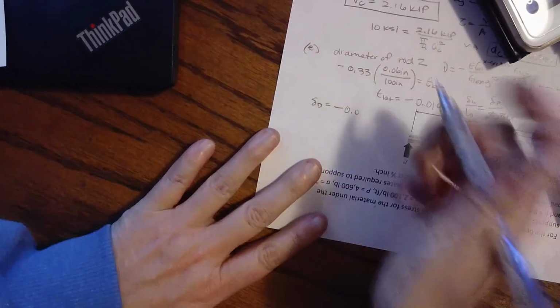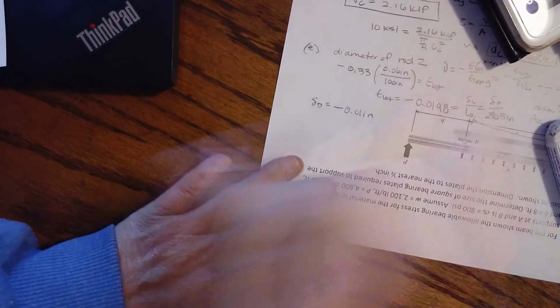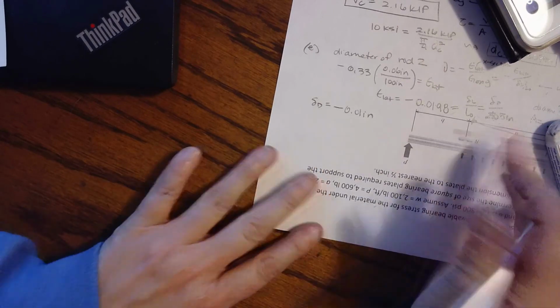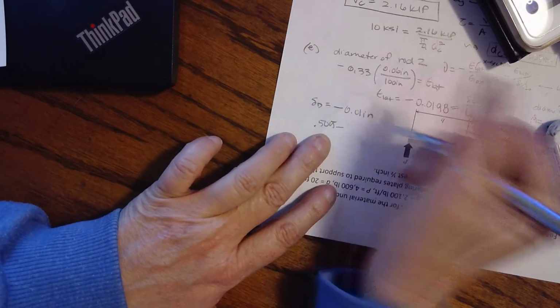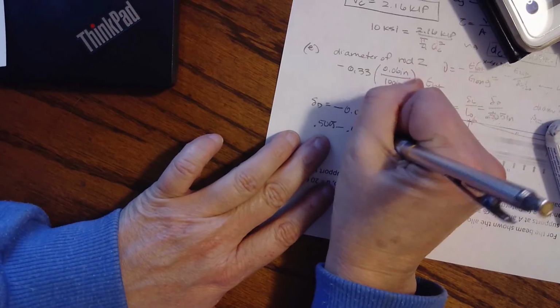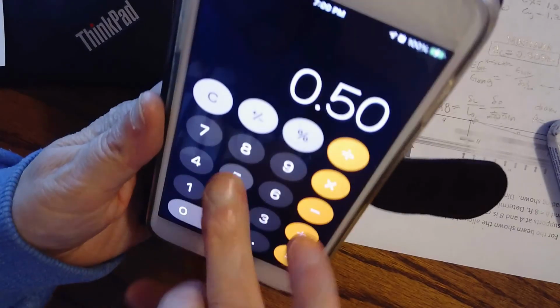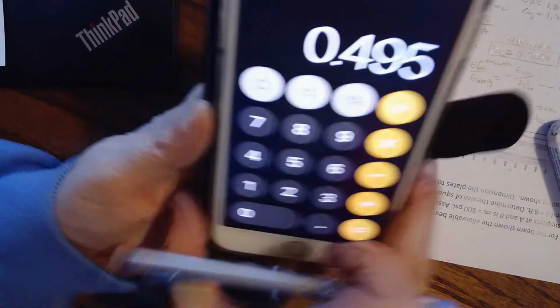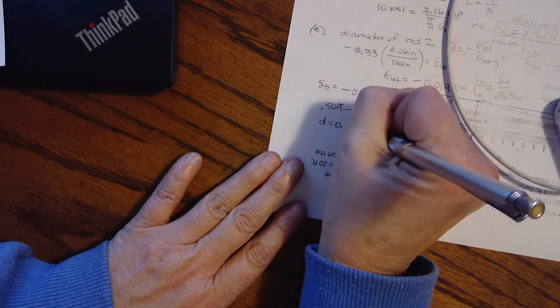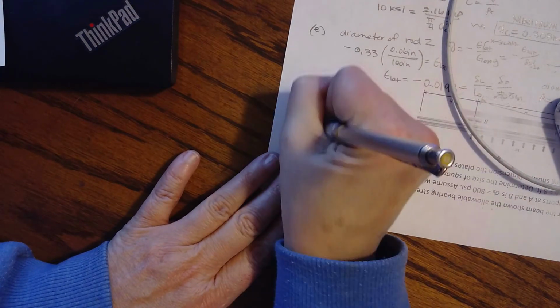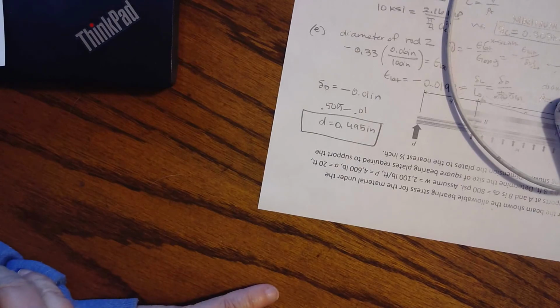So if my original diameter is 0.505 and I'm getting smaller because I'm stretching it, I'm going to subtract off 0.01. 0.505 minus 0.01 equals a diameter of 0.495 inches, and that's the diameter after we've stretched it out.